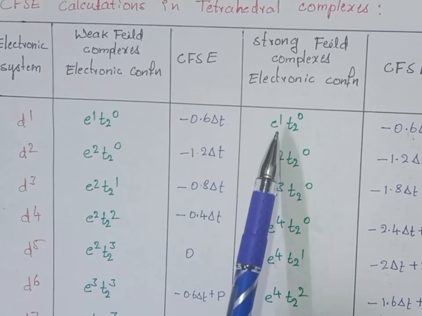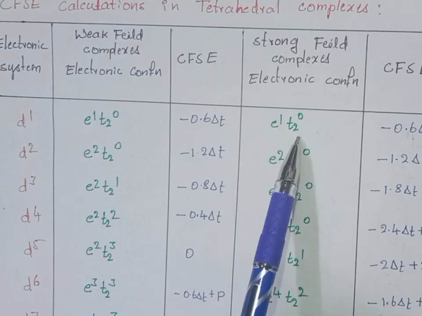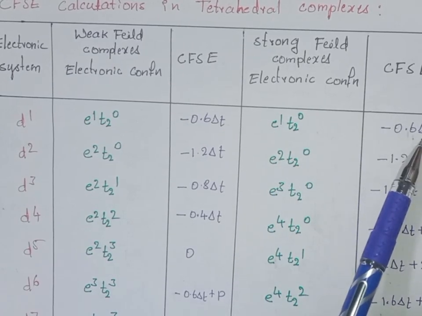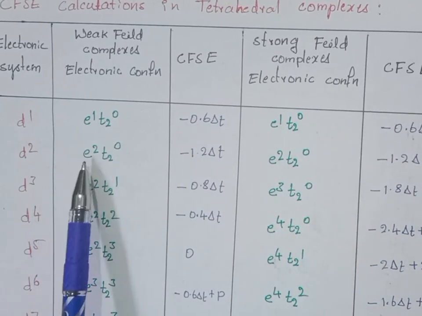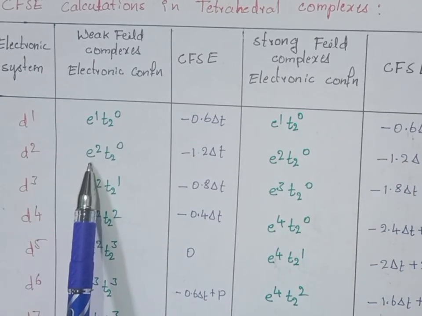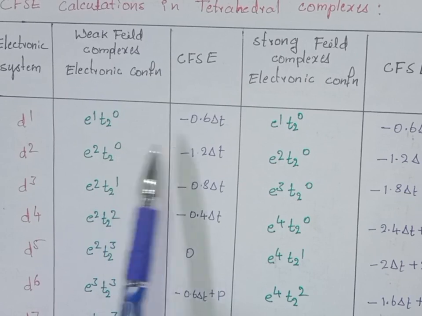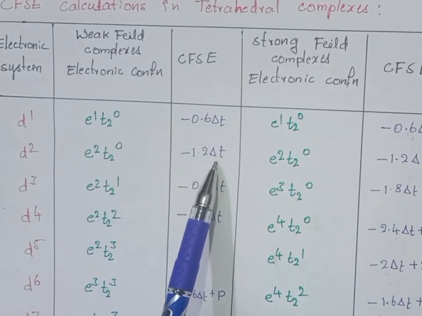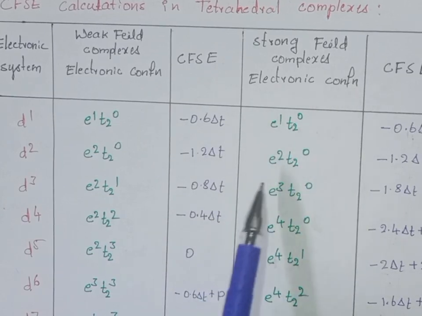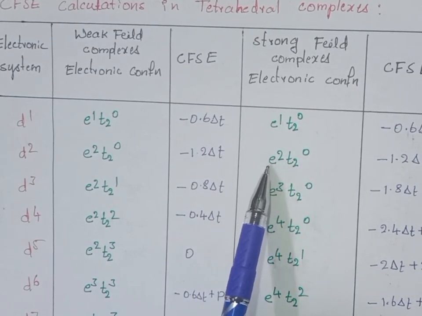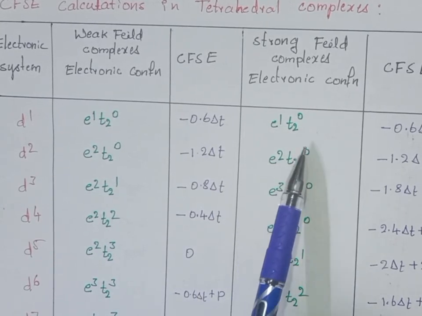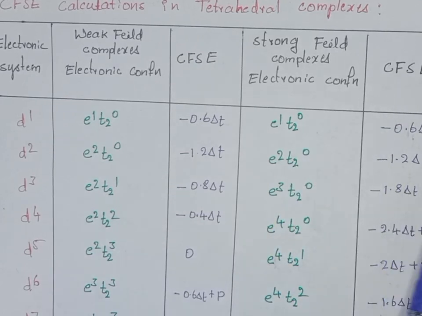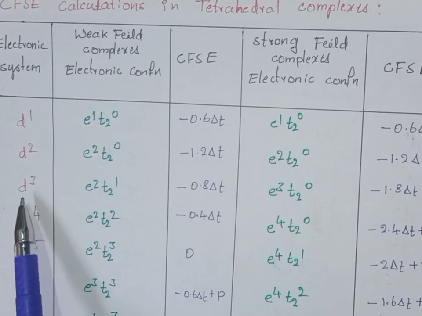Of course, for a strong field complex also e1 t2^0, CFSE would be minus 0.6 Δt. For d2, the configuration is e2 t2^0, the CFSE is minus 1.2 Δt. For a strong field complex also, the electron configuration is e2 t2^0 and the calculated CFSE is minus 1.2 Δt.